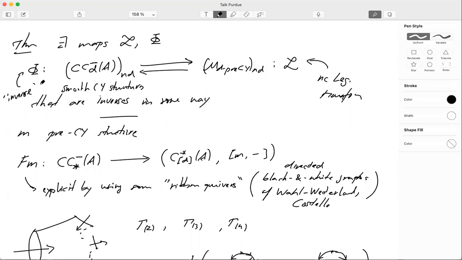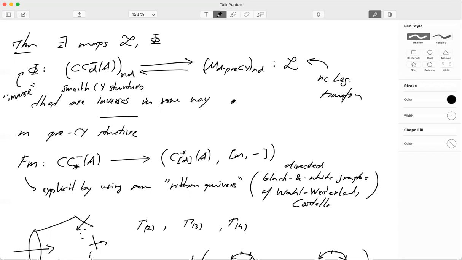What happens here is that on the left-hand side there's a natural notion of equivalence relation, which is just homology. If you have two chains, they can be homologous. But the right-hand side, the moduli of pre-Calabi-Yau structures, is not a linear space. You can't add two of those.